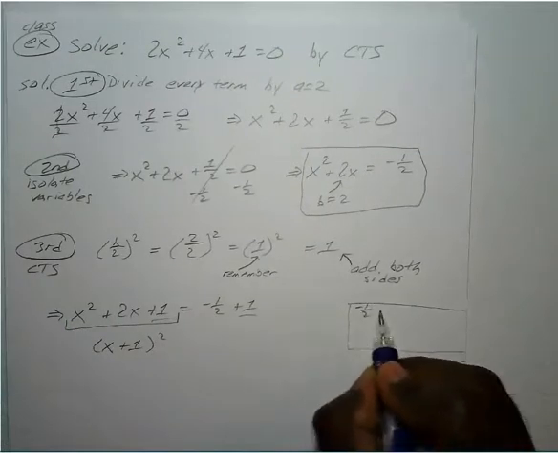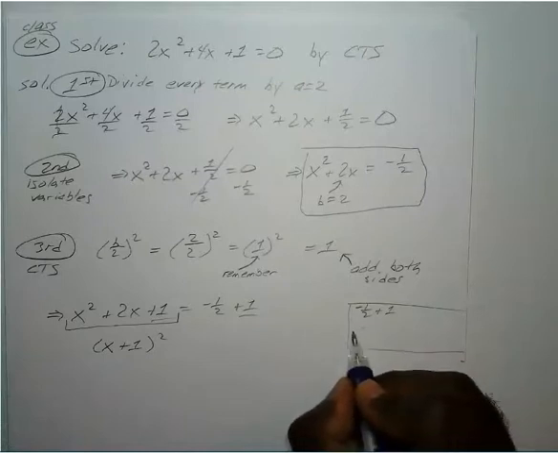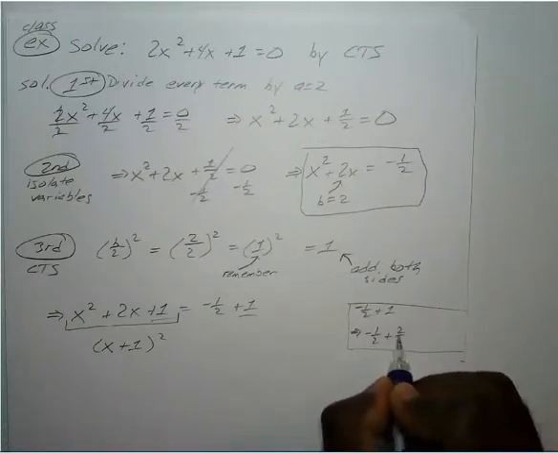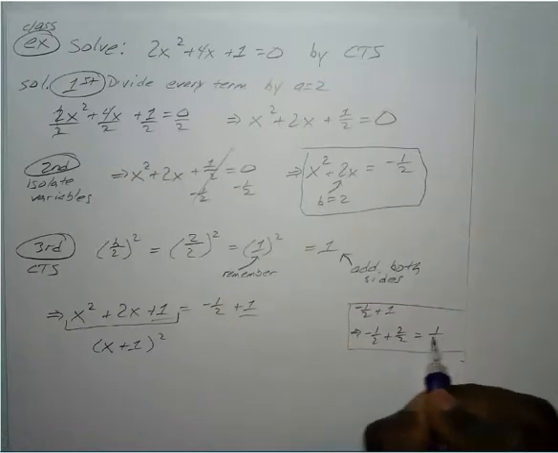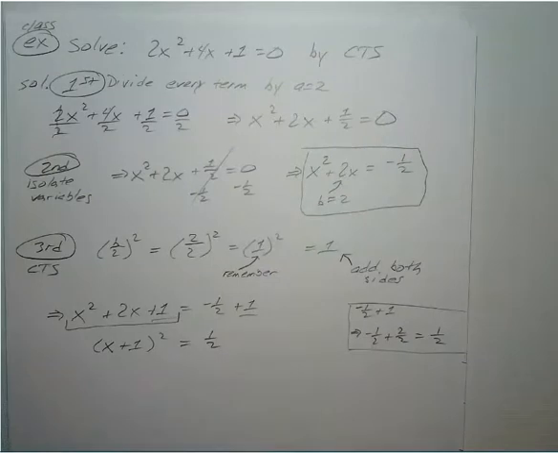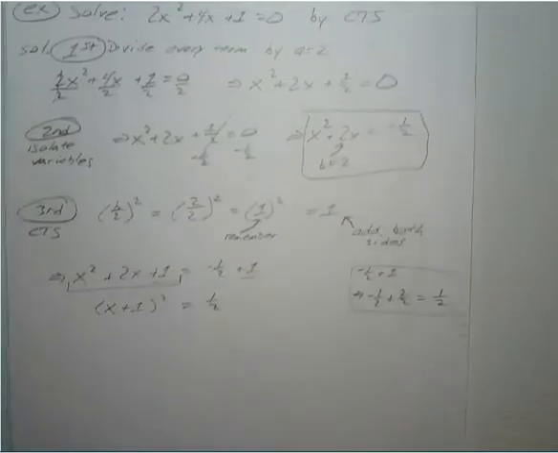And negative 1/2 plus 1, you can just make that negative 1/2 plus 2 over 2, which is equal to positive 1/2. So negative 1/2 plus 1 is equal to 1/2.